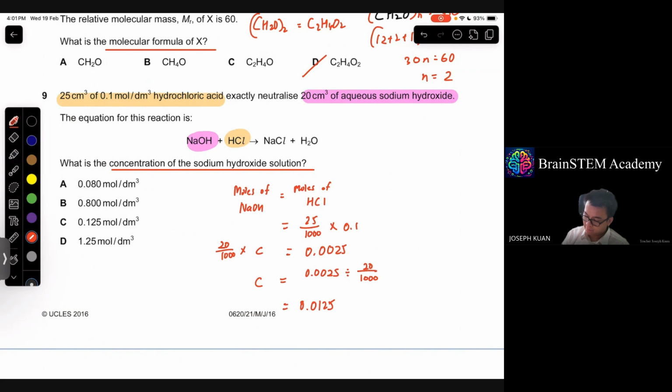Is it? Am I making a mistake? Hold on. Should be 0.125. I must have made a mistake. Hold on. 0.0025 divided by 0.02. I may have misclicked my calculator. It's 0.125 mole per cubic decimeter.